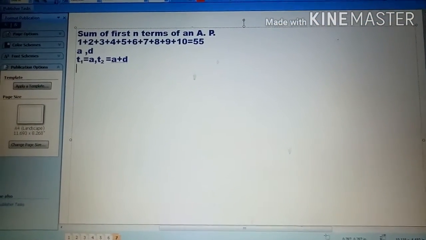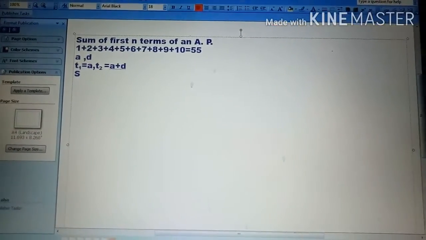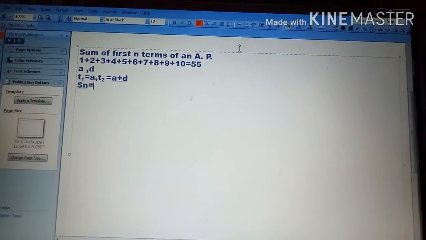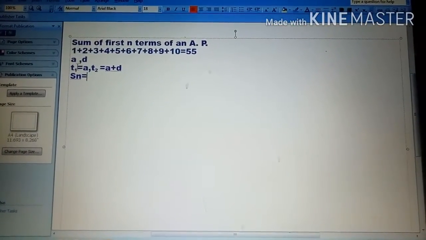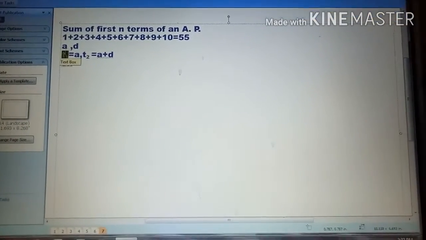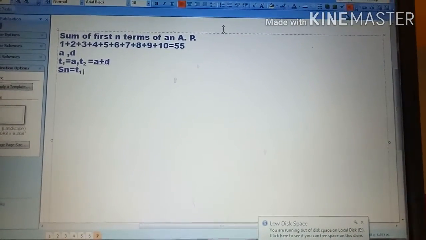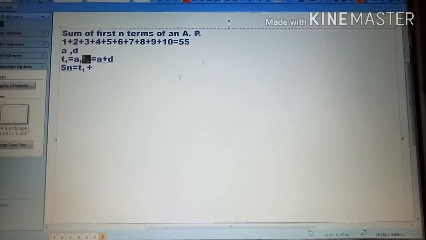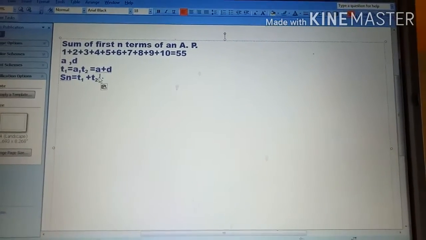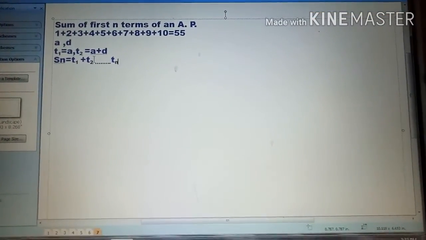As we used Tn for terms, while finding the sum of n terms we use Sn. So Sn is equal to t1 plus t2 plus t3 plus t4, all those terms added up till the nth term.